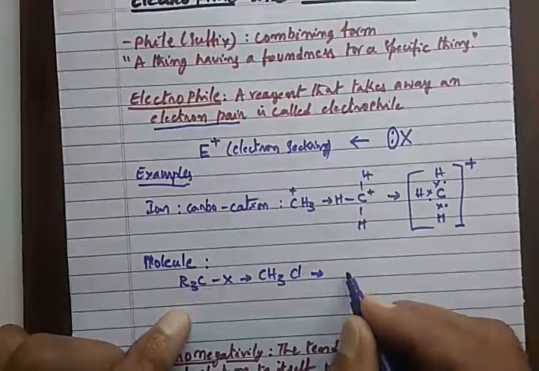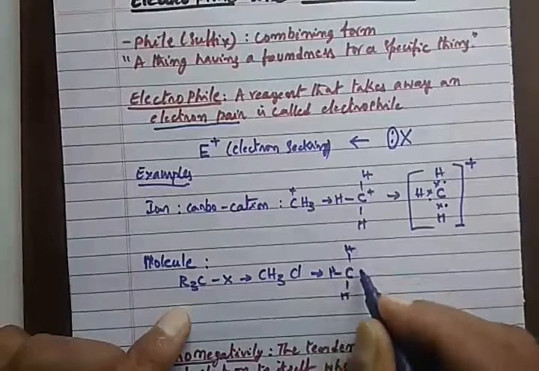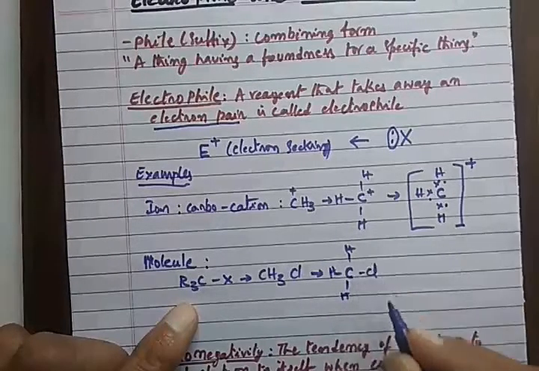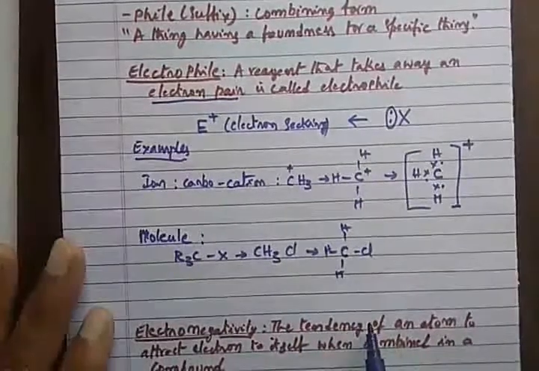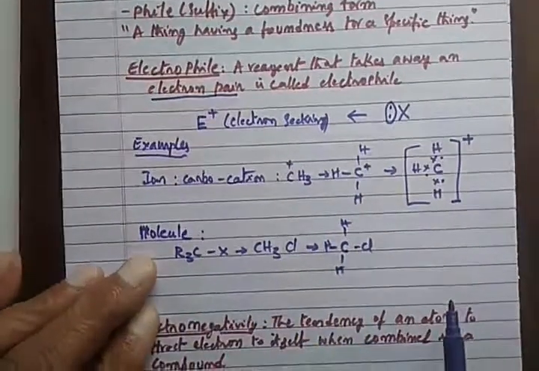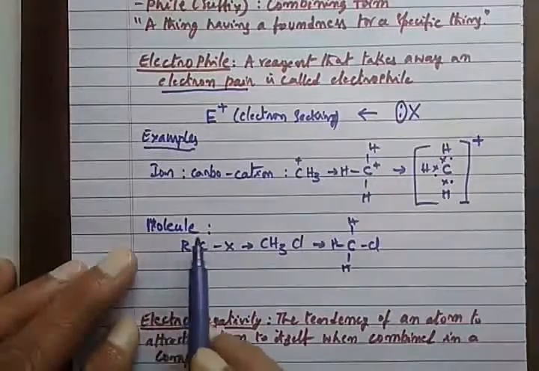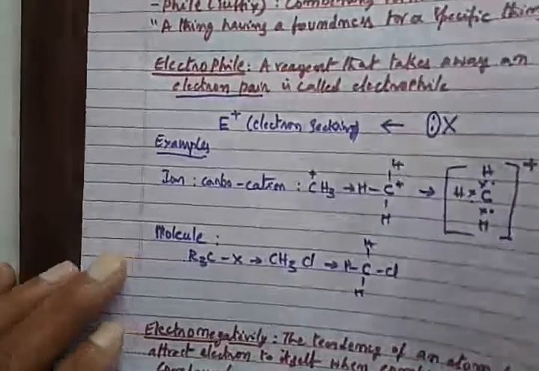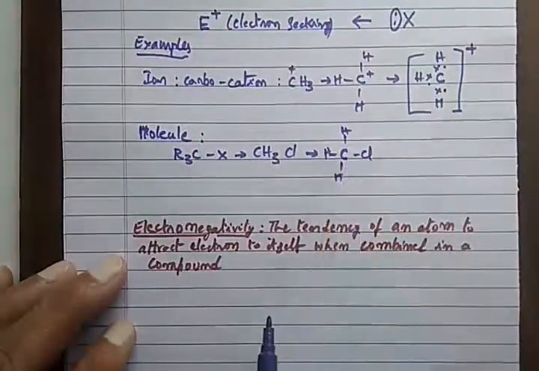So let us expand this. It's 3 H's and 1 chlorine. So how does this have a positive charge? If something should have a positive charge, then only is it an electrophile. And the molecule is supposed to be neutral. So let us see how this can have a positive charge.